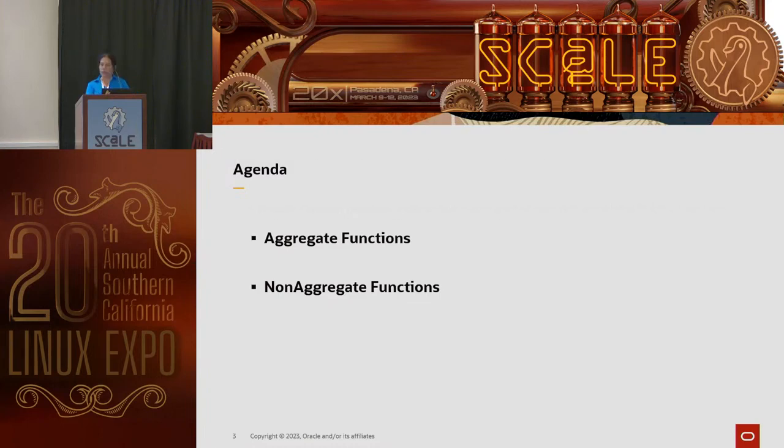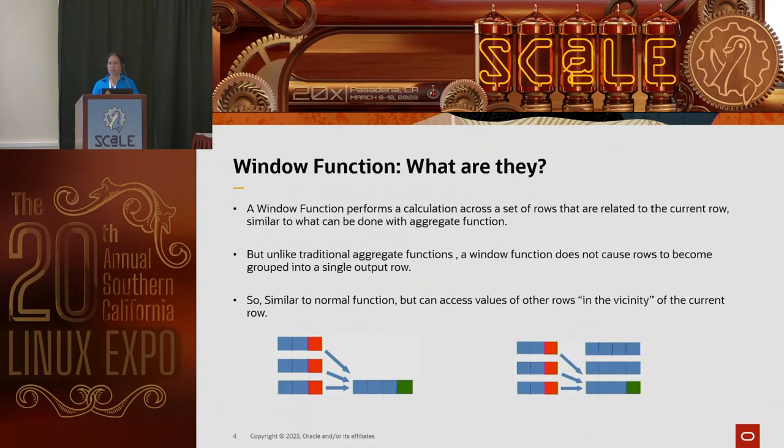So what is a window function? Why can't I use a GROUP BY clause or just a regular function in an SQL statement? A window function actually keeps the result set for each individual row, because it calculates using the vicinity of the row to come up with that value.